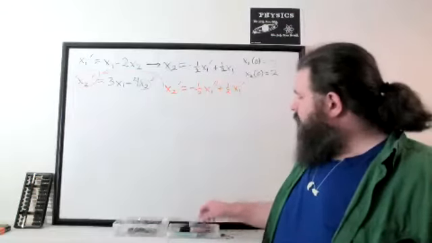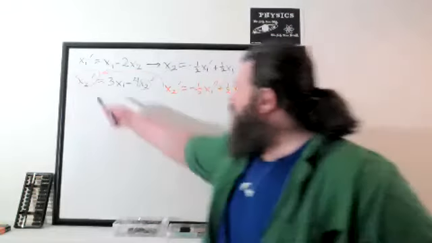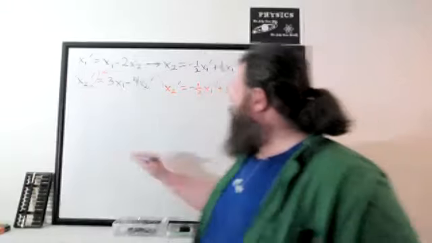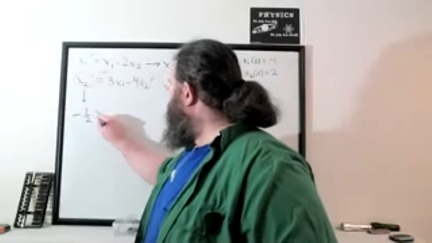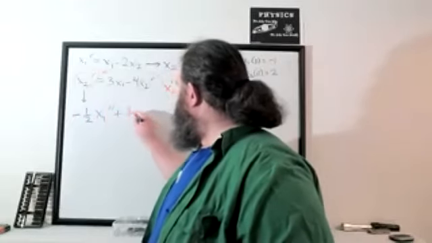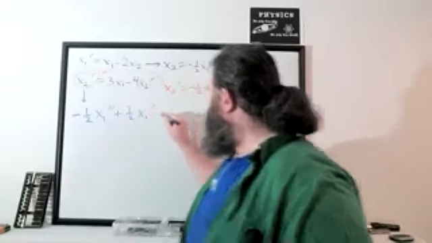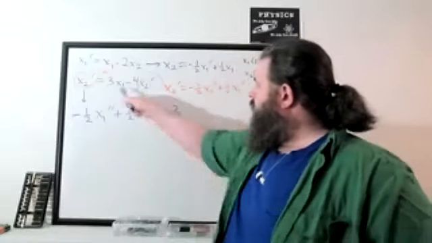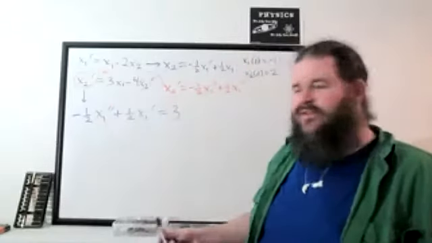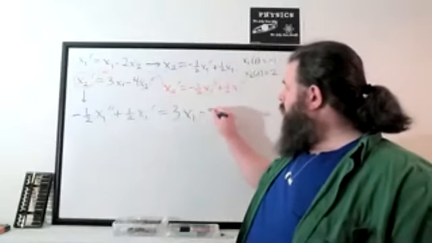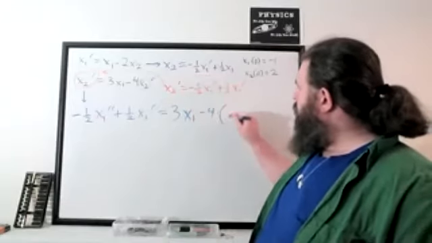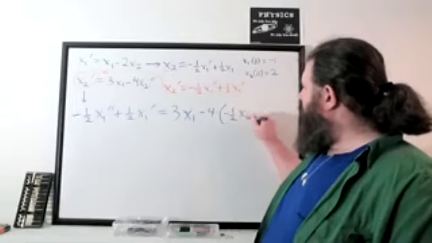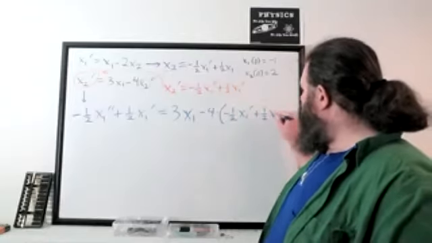So let's write that out. x2 prime we'll replace with this whole thing. And then 3 times x1, we can just leave as it is because it's in terms of x1 already, minus 4 times this whole thing, negative 1/2 x1 prime plus 1/2 x1.